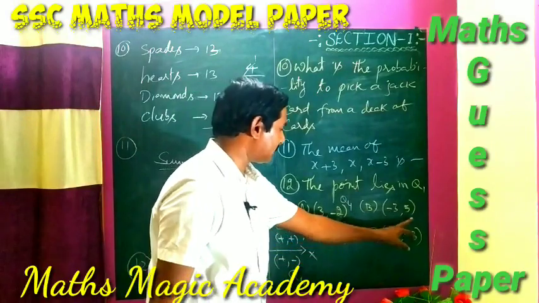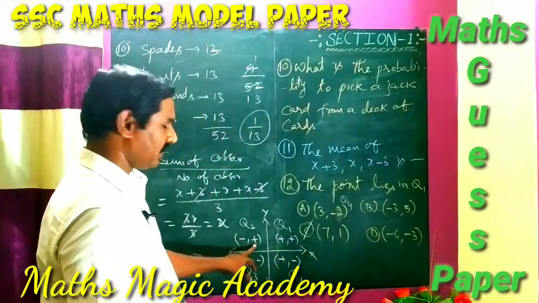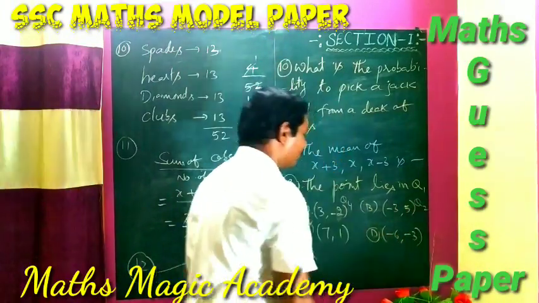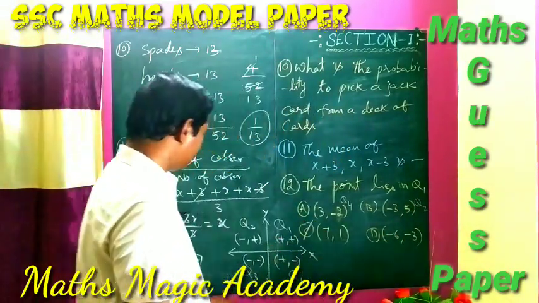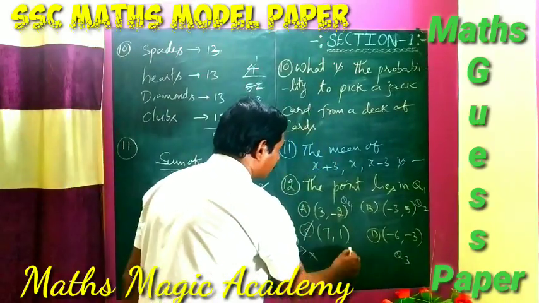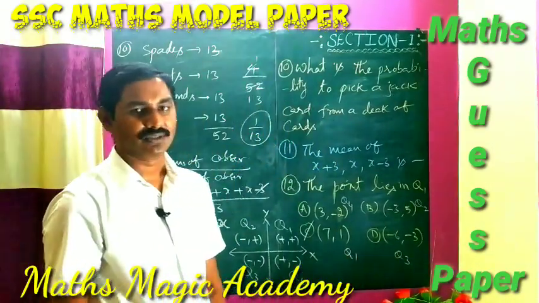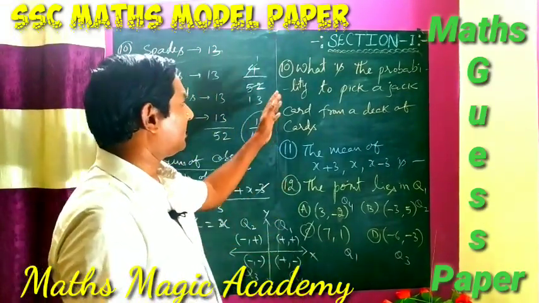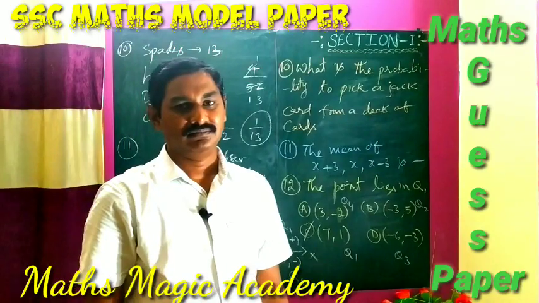And what about minus 3, 5? Minus 3 plus 5 belongs to Q2. And minus 6 minus 3 belongs to Q3. So the answer belongs to Q1. Like that we completed the explanation of section 1.